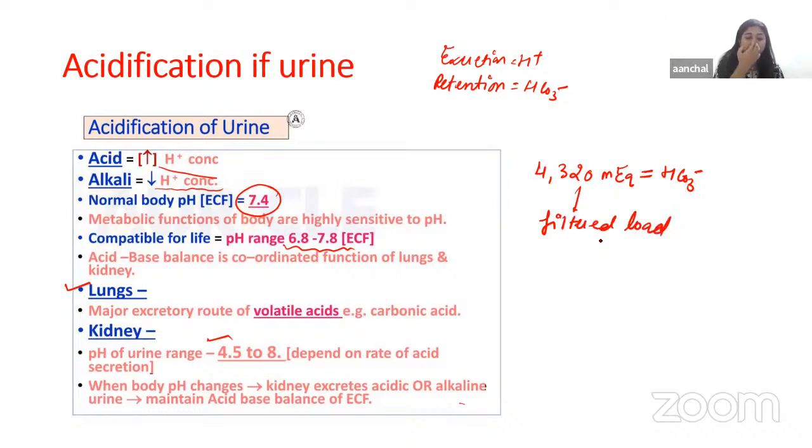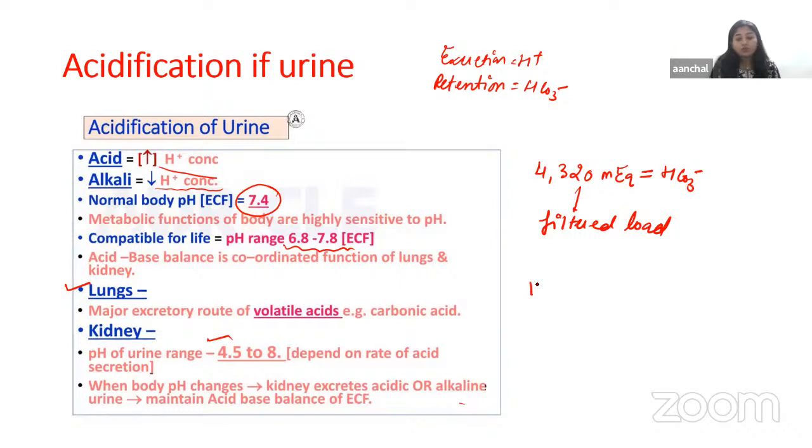Excretion of this much bicarbonate in urine would affect the acid-base balance, so bicarbonate must be taken back from the renal tubule by reabsorption. Then, regarding the secretion of hydrogen ion, reabsorption of filtered bicarbonate occurs by the secretion of hydrogen in the renal tubule.